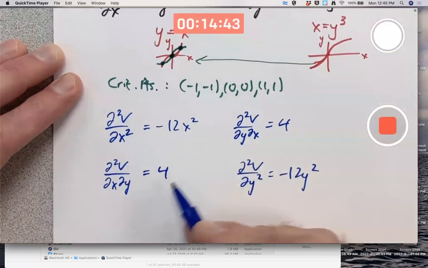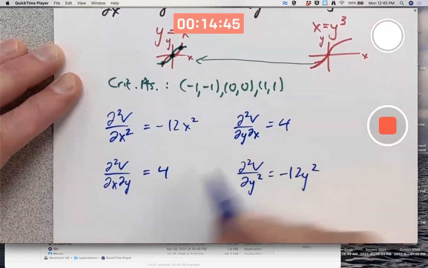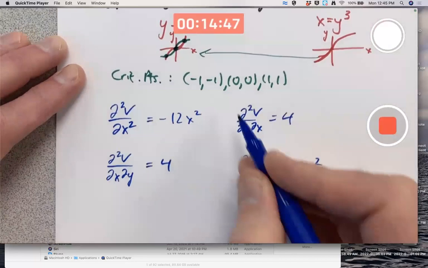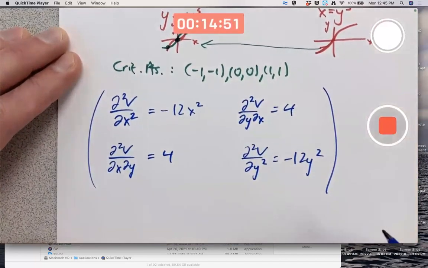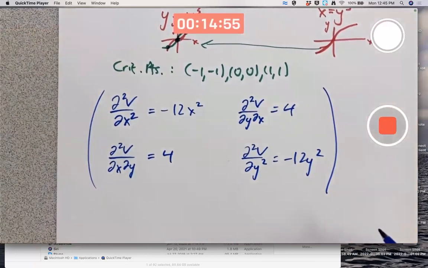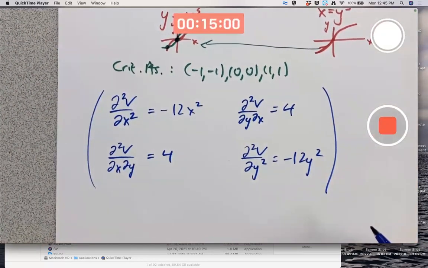Is it an accident that these are the same? No, it's no accident. And why did I make it like this? Hey, that looks like a matrix. Yeah, it's a 2 by 2 matrix. Is it the Jacobian matrix? Not a V, it's not. Because the Jacobian matrix of a function, well, of really a vector field, involves first order partials.